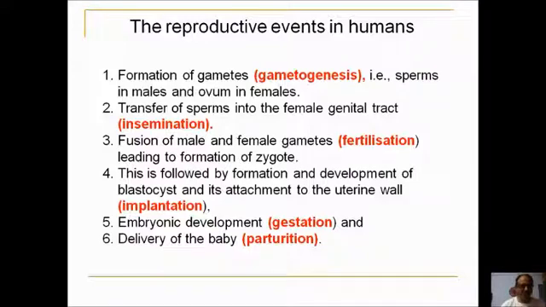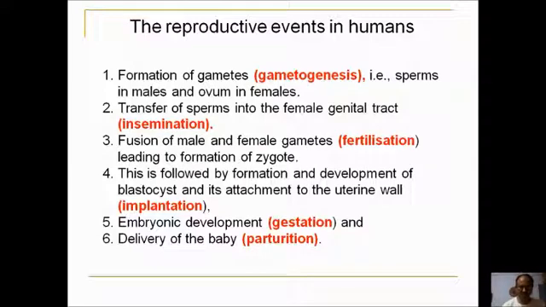This blastocyst now moves to the uterine wall and gets implanted, so that further embryonic development, that is gestation, could take place. Gestation is the period of development of the embryo. At the end of development, the baby is ready to be delivered, and the process is called what?